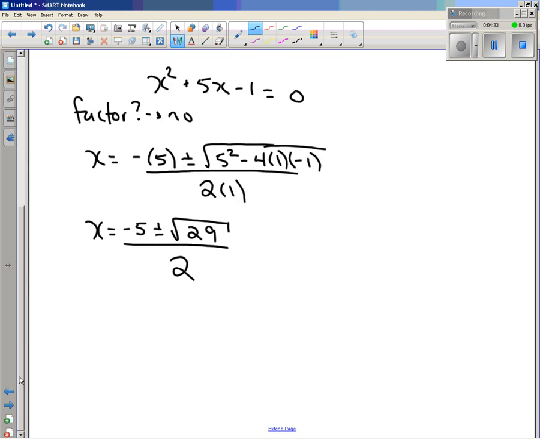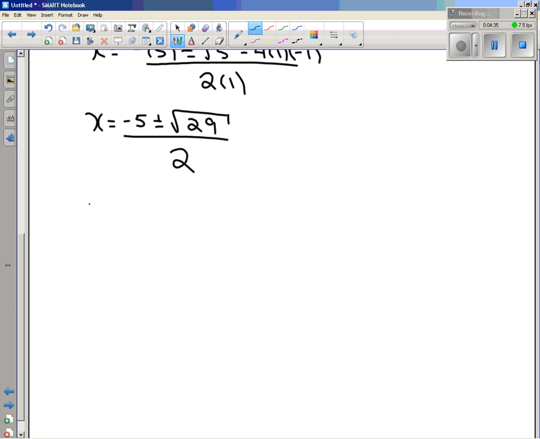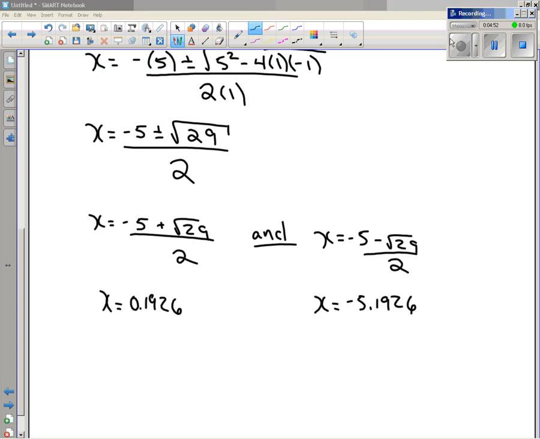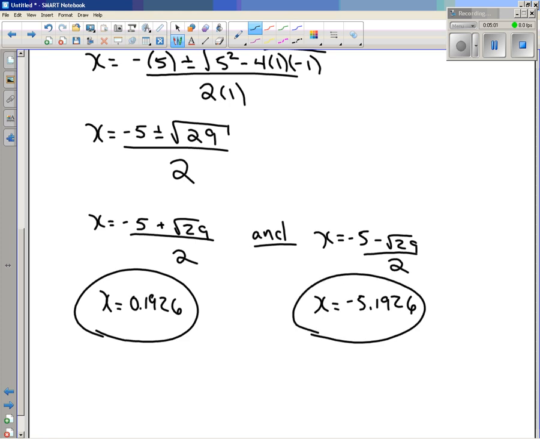We have x equals -5 plus root 29 over 2, and x equals -5 minus root 29 over 2. We evaluate and have x equals 0.1926 and x equals negative 5.19. So we have two solutions.